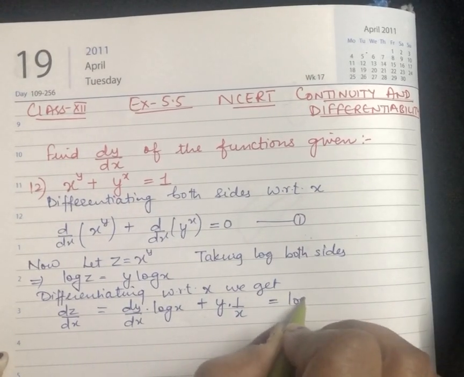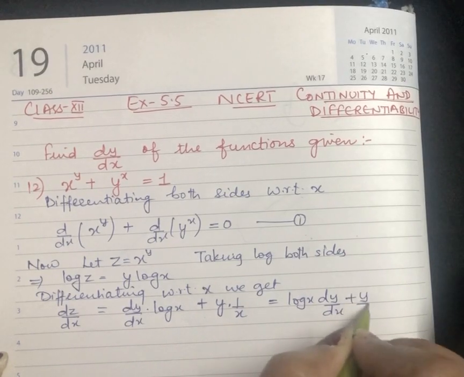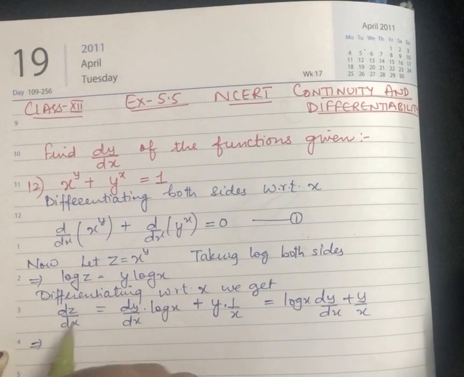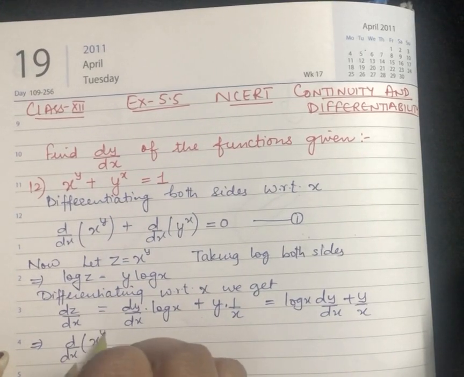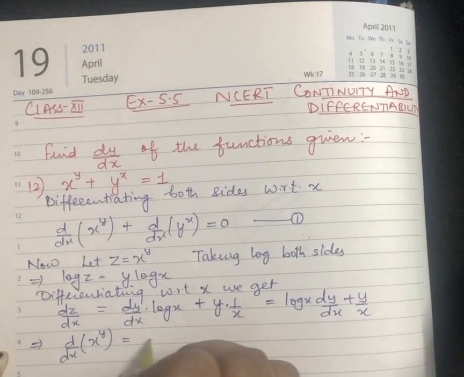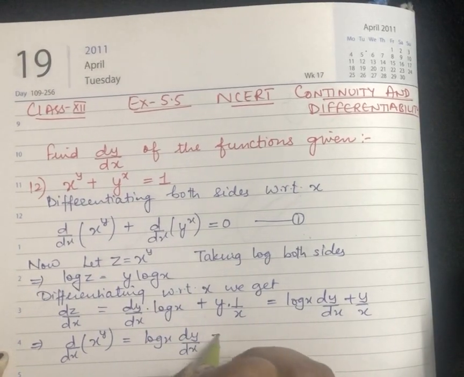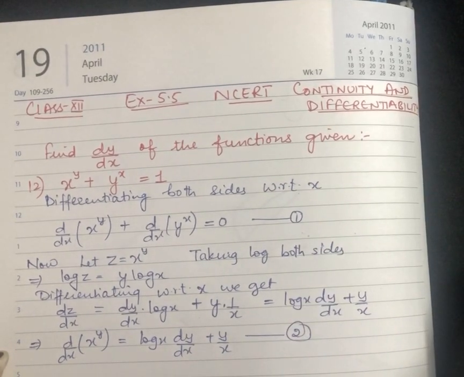That will be equal to log x dy by dx plus y by x. So this implies now dz by dx is d by dx of x to the power y. This is equal to log x dy by dx plus y by x. So we mark it as second equation.